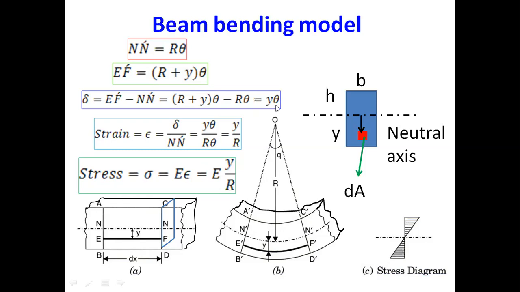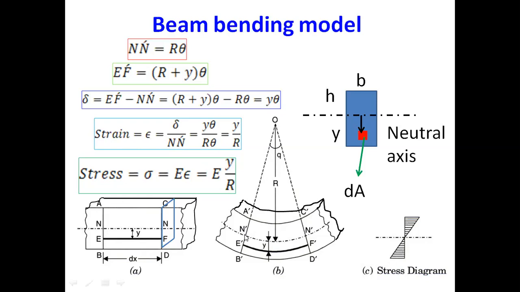So the elongation that has occurred when we moved in the downward direction through a vertical distance y, the elongation in the fiber is y theta. Strain is denoted by epsilon, and it is the deformation per unit original dimension.